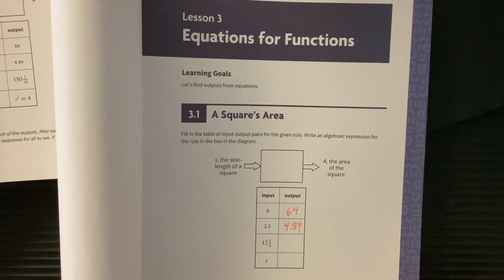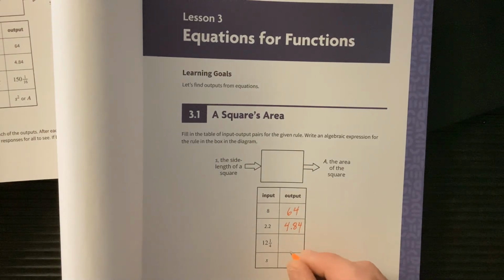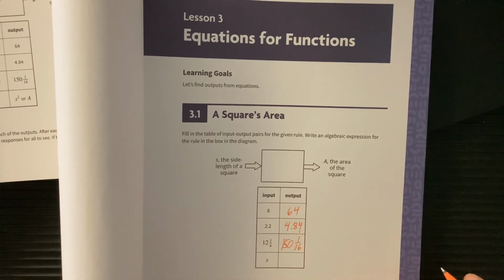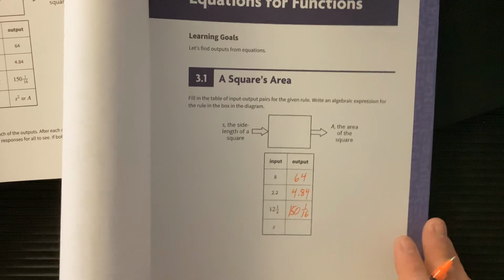So you can use a fraction if you want to use maybe the Desmos calculator, or you can do 12.25 times 12.25 and put it as a decimal. It doesn't matter. Somebody give me that? 150 and a 16th. Or you could do the decimal equivalent of that. That would be fine as well.